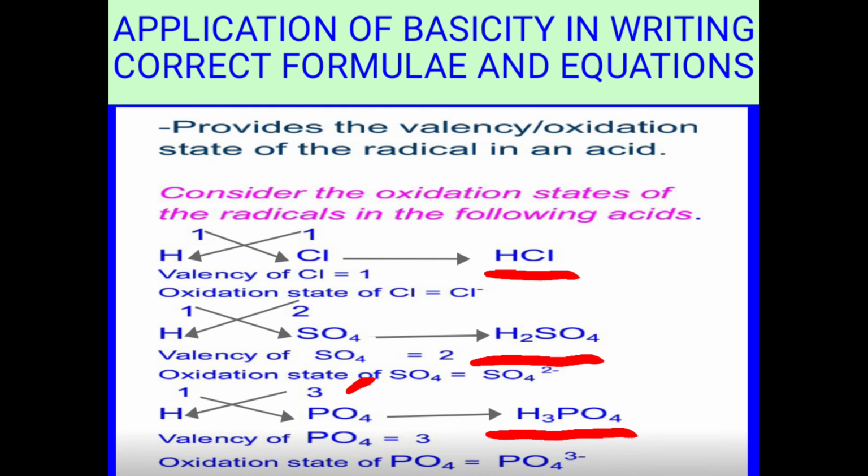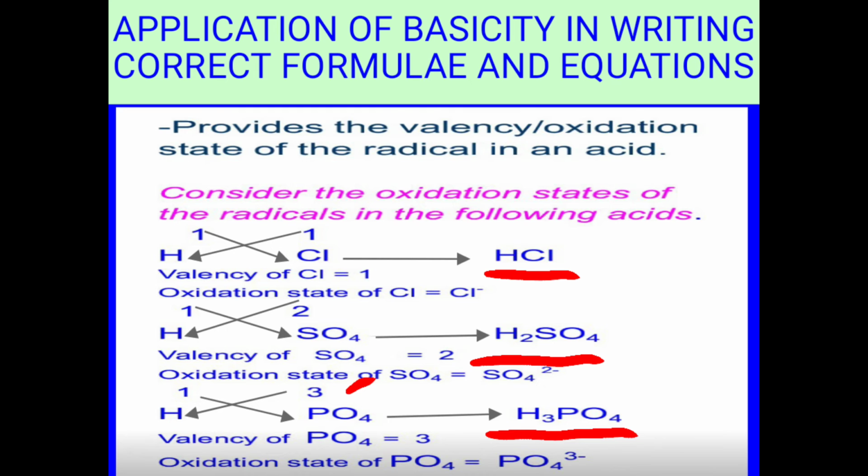So here there is a concept we need to learn. The basicity of any acid represents the valence of the radical. Look at the first acid, HCl, how it is formed. The valence of the chloride here is 1, and the oxidation state of the chloride here is Cl minus. Minus 1 is the same as minus; even if you don't put 1, it's already minus.